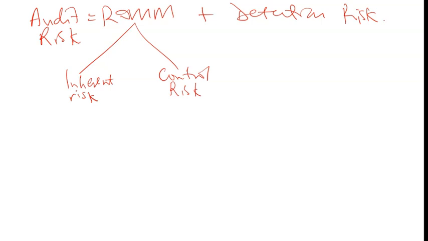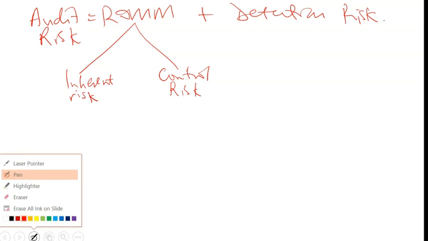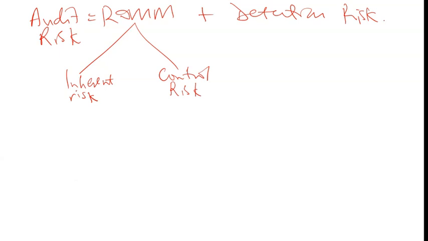What was not examined in paper AA was the business risk part of it.